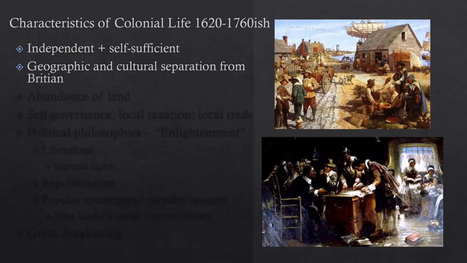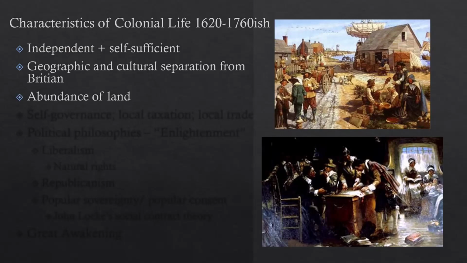They would have greater opportunity to own their own land, whereas in England, they would likely have been tenants, dependent upon another person for their provision. And so this promised independence and self-sufficiency, wealth, land ownership, and a means of escape from some of the cultural stratification and religious oppression that existed in England.